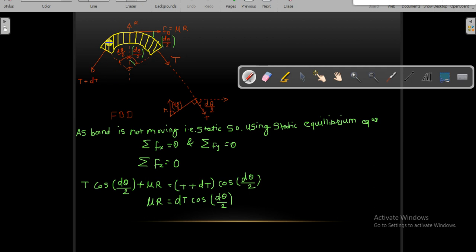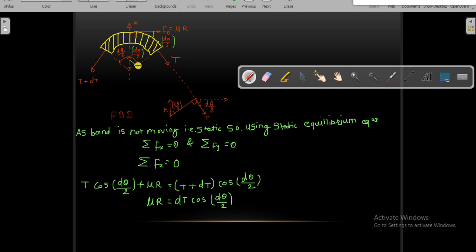so we have drawn an exaggerated figure of the same d theta. If I divide this complete angle d theta, I will get the left half equal to d theta by 2 and the right half equal to d theta by 2.